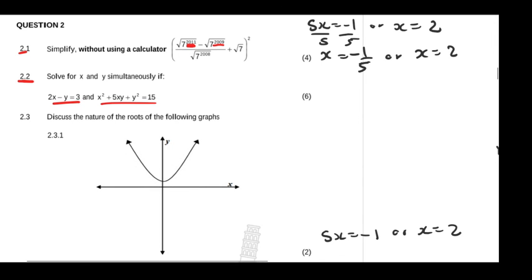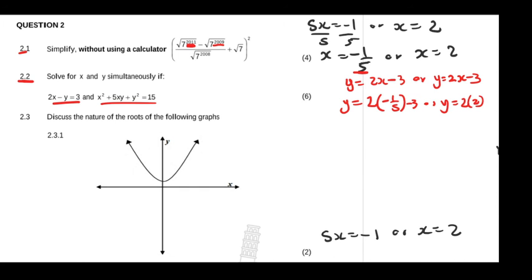So remember that our third equation, it was y is equals to 2x minus 3, right? So just going to use it on both the x values. So where there's y, you're going to put in. So for this one, we're going to put in this minus 1 over 5 minus 3, or y is equals to 2 into 2, which is this one here, minus 3.